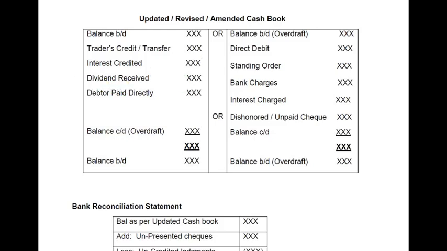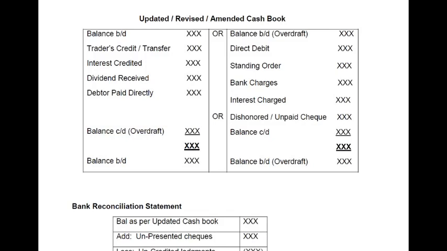Interest credited. Now, what is interest credited? See, if we have an account, there are two types of bank accounts. One is a normal account, which is known as a current account here in Pakistan, and in some other countries, like the UK, it is known as a checking account. Now, what is a checking account or a current account?